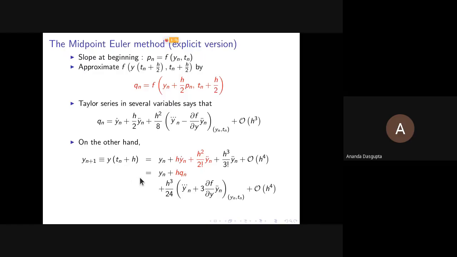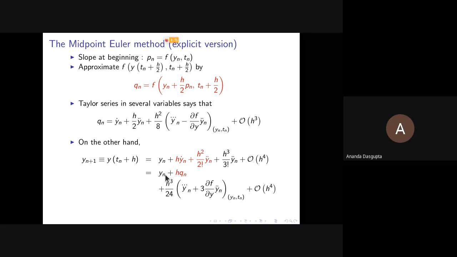You don't get the third order term correctly. So even despite the problem that you don't really know y at the middle, and you're estimating that, the midpoint Euler method does work to the extent that it actually improves your estimate over the Euler method.